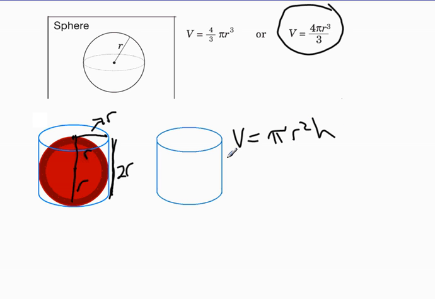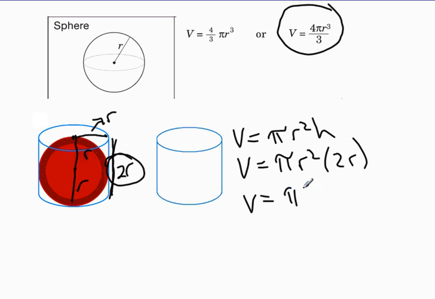But again, h isn't actually h. It's actually 2 times the radius. So we can rewrite the volume of the cylinder as pi r squared times 2r, which simplifies to 2 pi r cubed. So 2 times pi times r squared times r is 2 pi r cubed. That's the volume of the cylinder.